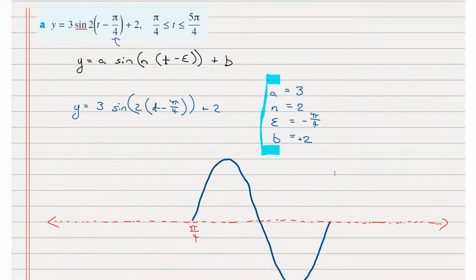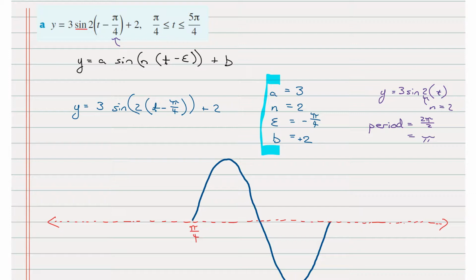So calculating the period for this function, we're going to rewrite out the equation and we'll say y equals 3 sine 2t, and grabbing the value of n, so n equals 2, we can go period equals 2 pi over 2, thus we've got a period of pi.